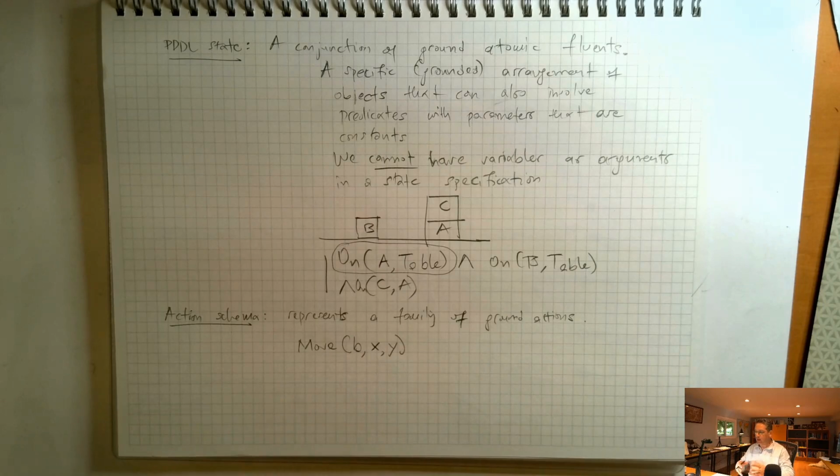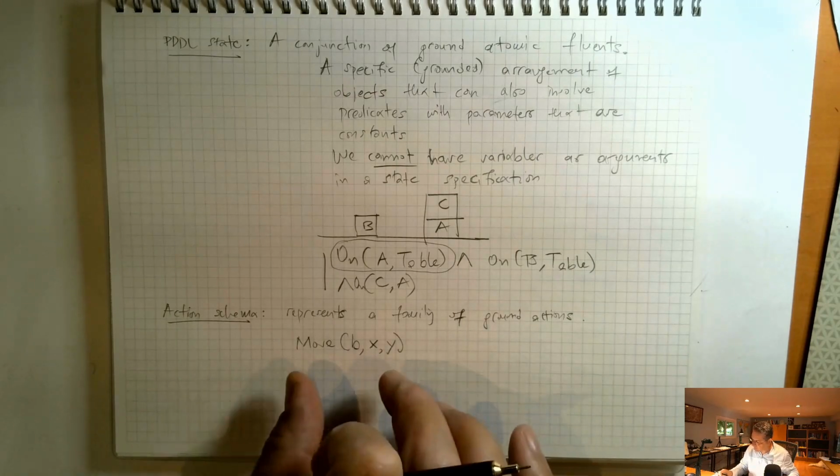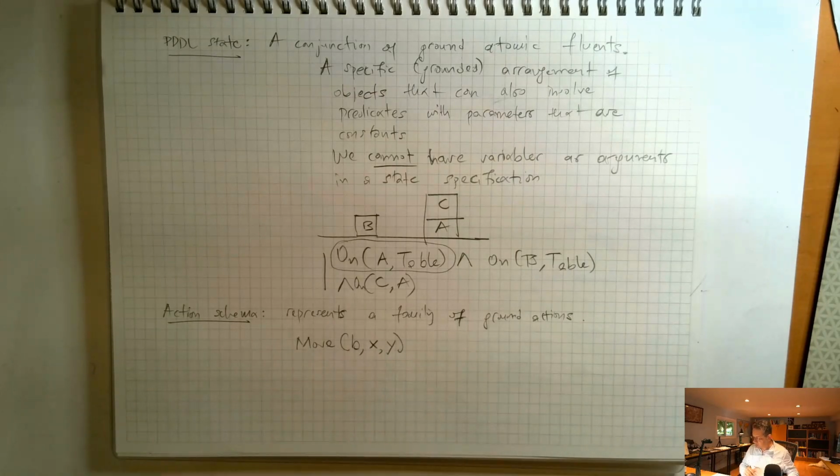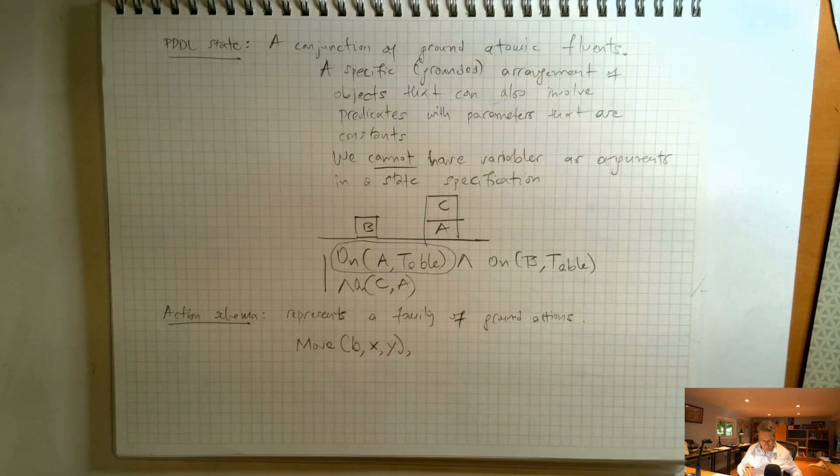So move a block b, which is of type block, from a location x to location y. Okay, so all three of them are variables. So that is going to be the name of the action, parameterized by these specific parameters, which are variables. And the action schema will involve also two other things.